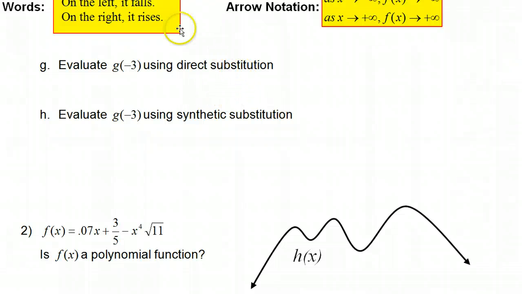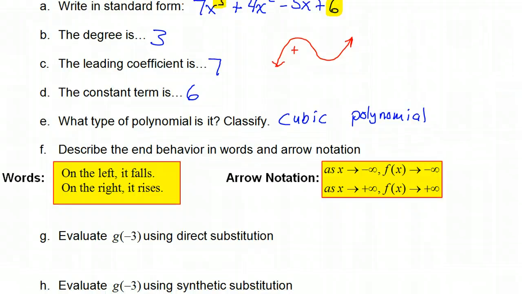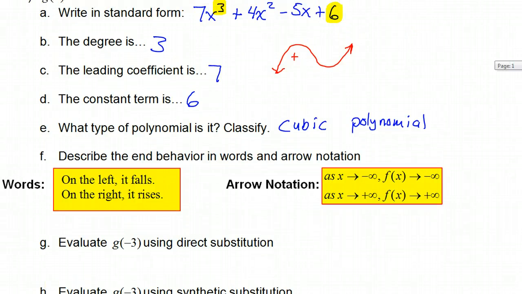Evaluate using direct substitution. Well, direct substitution is what you're doing when you take this negative 3 and you substitute it in for all the x's. So looking back at the original polynomial, this is the function.